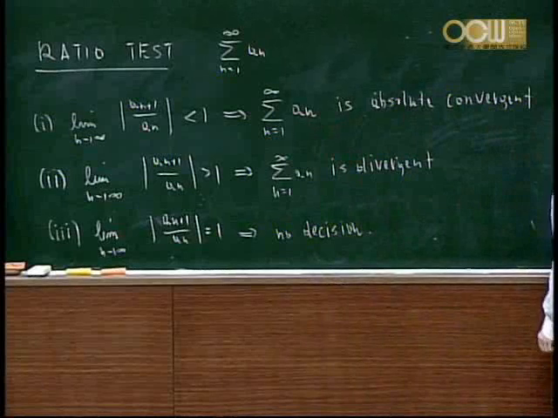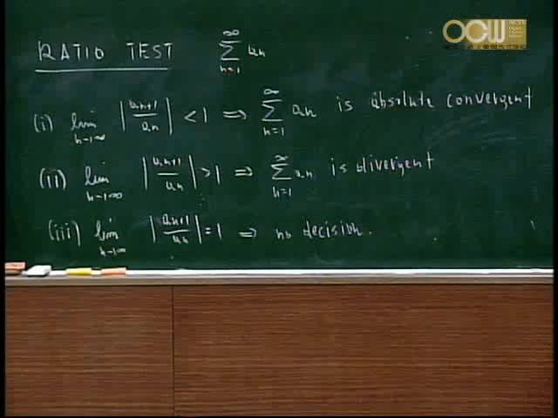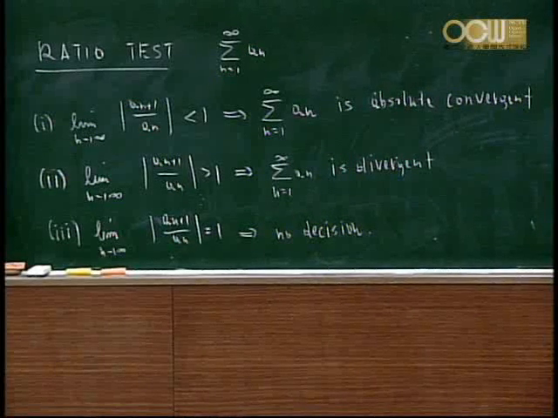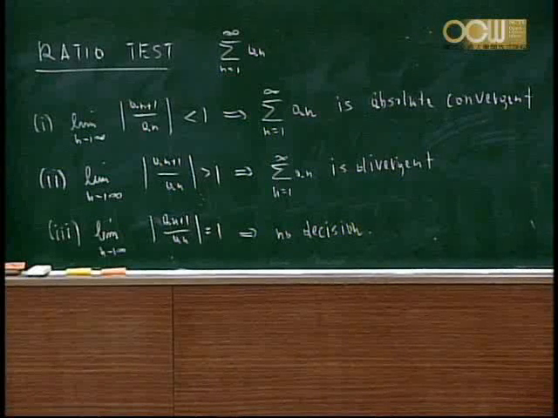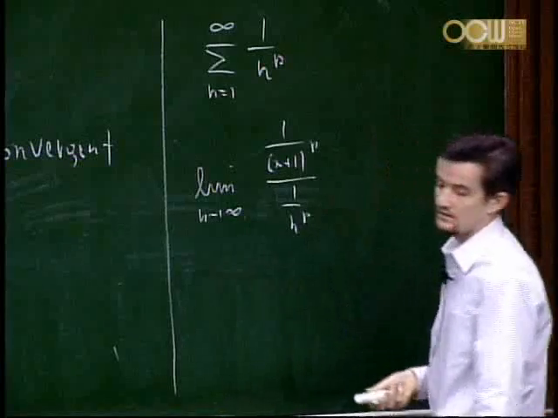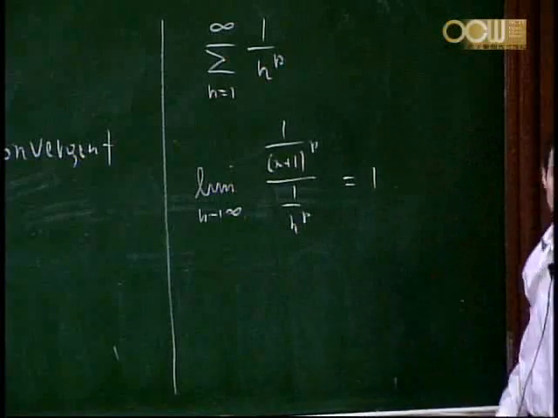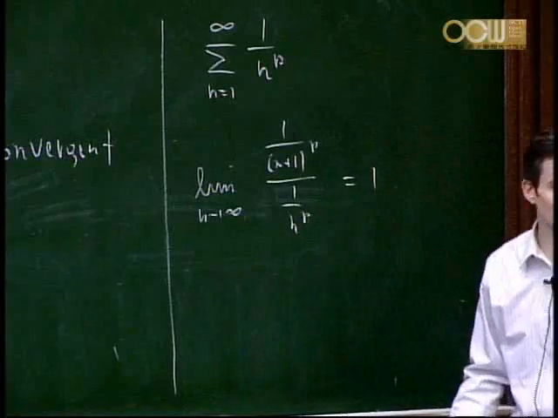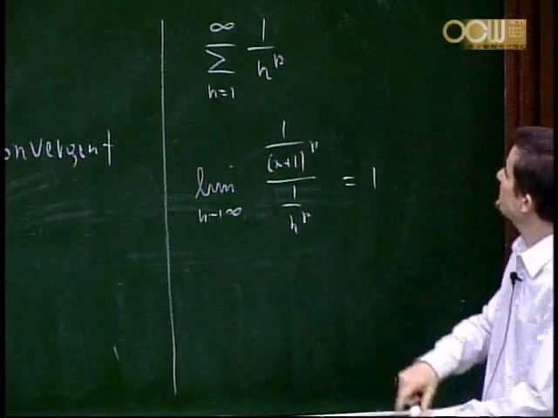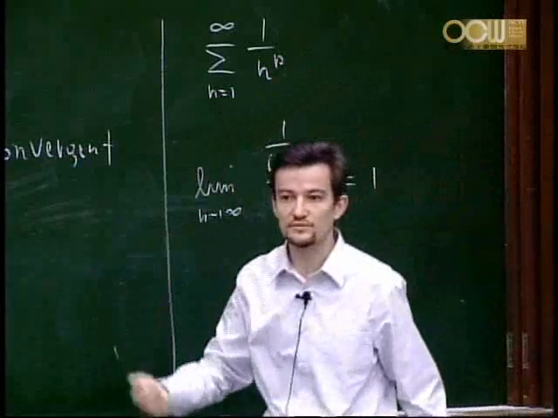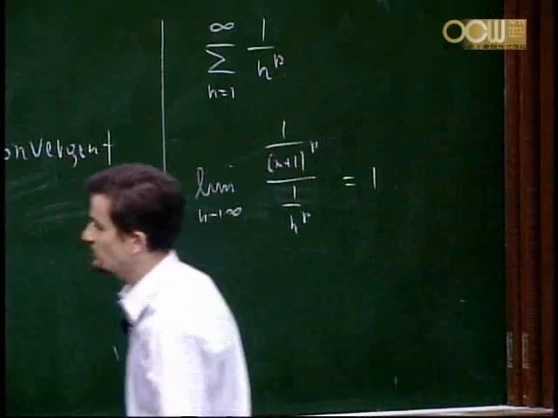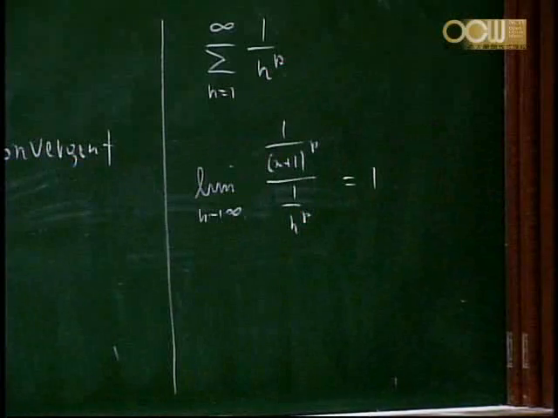This is easy to see, because if you look at the p-series 1 over n to the p, the ratio is 1 over (n+1) to the p over 1 over n to the p, and here the limit is equal to 1, no matter what the p is. But we know that if p is larger than 1, it is convergent, and if p is smaller or equal to 1, divergent. So it's not possible to have a conclusion in this case.